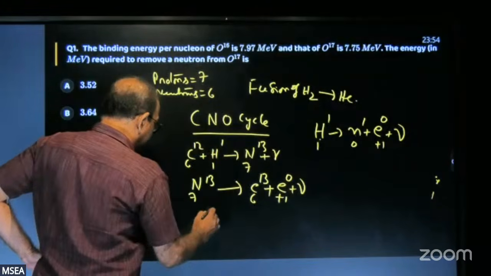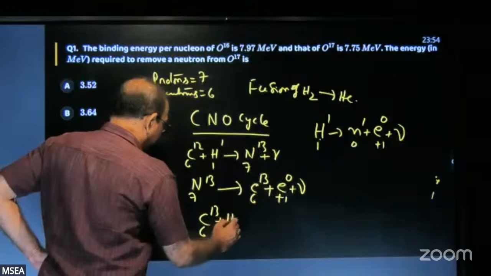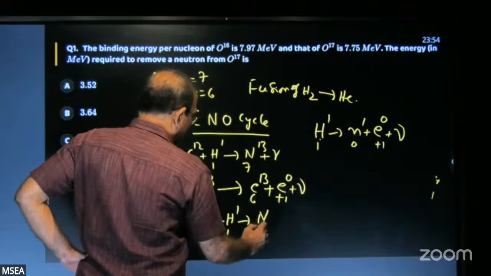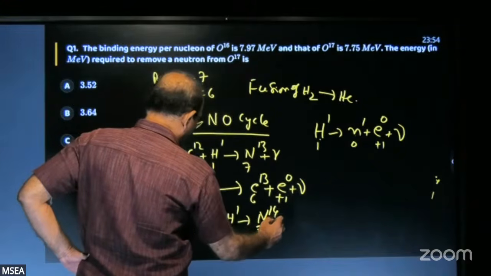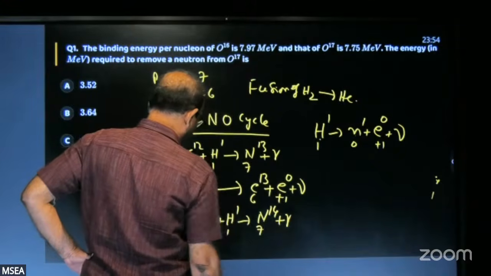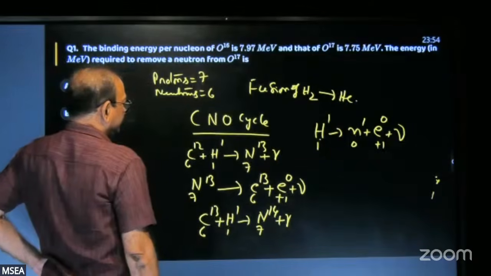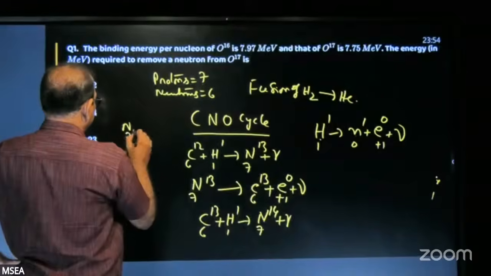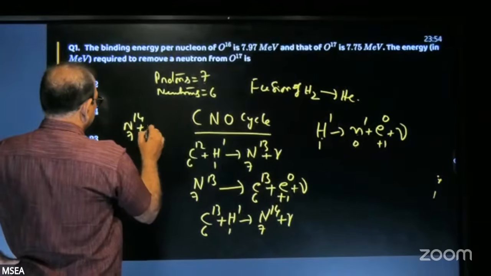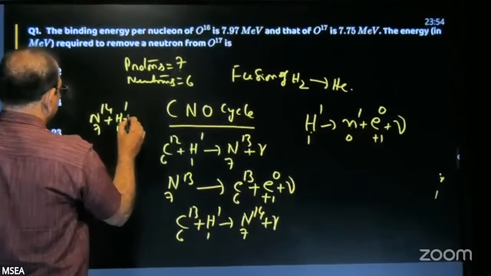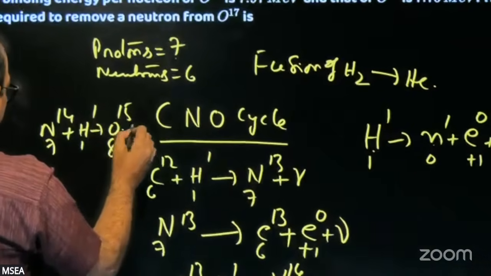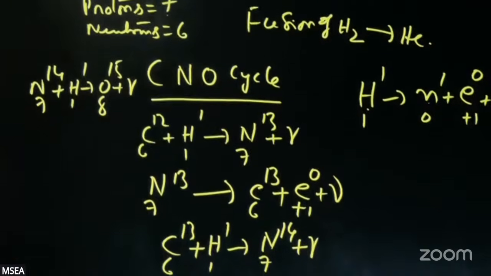This carbon-13 fuses with another hydrogen nucleus, forming nitrogen-14 and a gamma ray photon. Then this nitrogen-14 fuses with another hydrogen nucleus to give oxygen-15 plus a gamma ray photon.